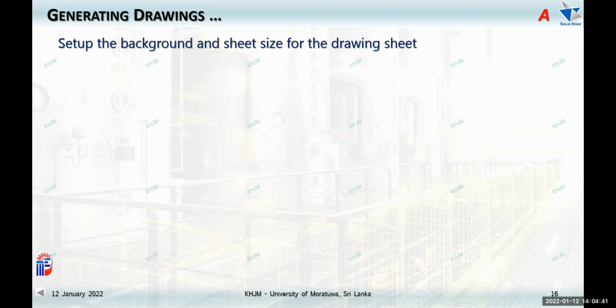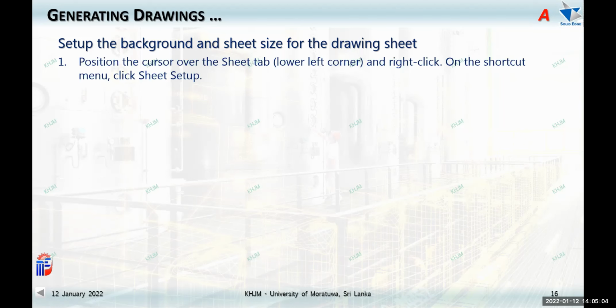Here in the drawings, we have something called the background. Background is something like you have the cage, the title box, and other things, which are not really part of your product or the feature, whatever it is.